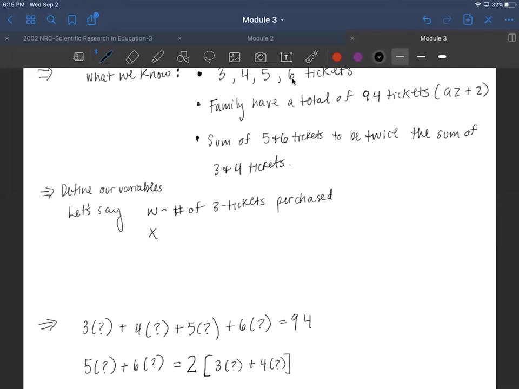Let X be the number of 4 tickets purchased. Let Y equal the number of 5 tickets purchased.